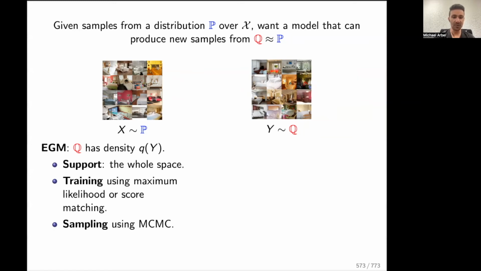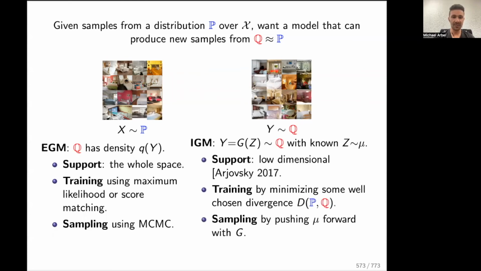So once you learn the model, you can produce samples using methods like Markov chain Monte Carlo. But there is an alternative way of modeling distributions, which we'll call implicit generative modeling. And in this case, we do not define a density on the data space directly, but what we do instead is to define a generative mechanism for samples.